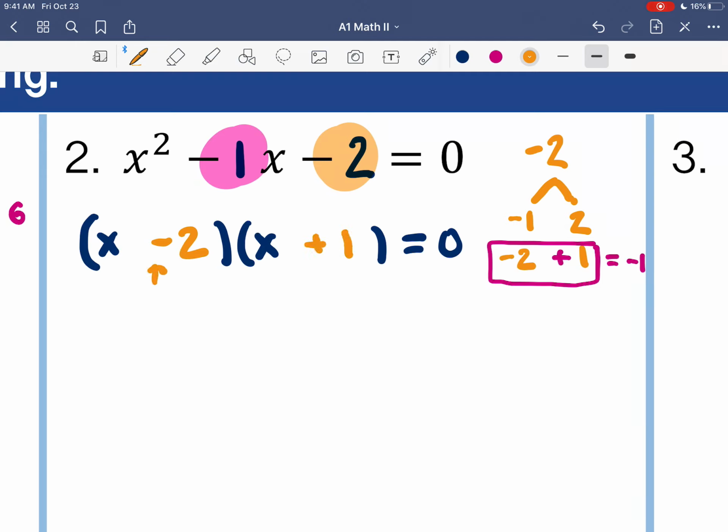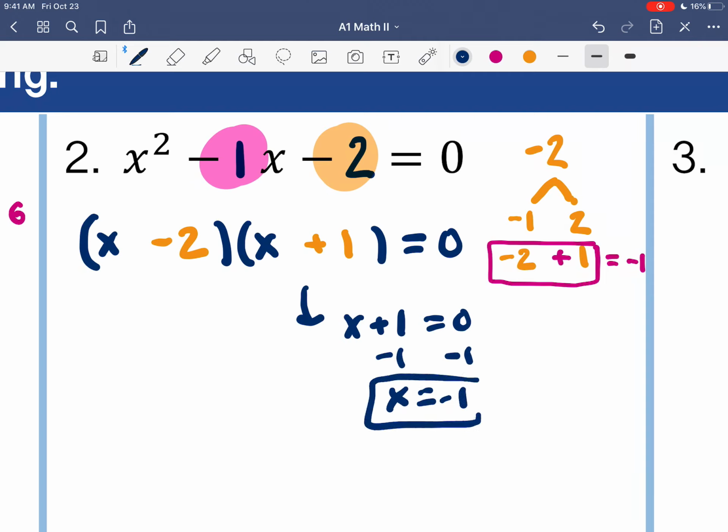Notice that this becomes the operation in between the two of them. Instead of having a positive, we have a -2. And now we can solve both of these. We just write our mini equation here and solve it to get x equals -1, and solve this one, +2.